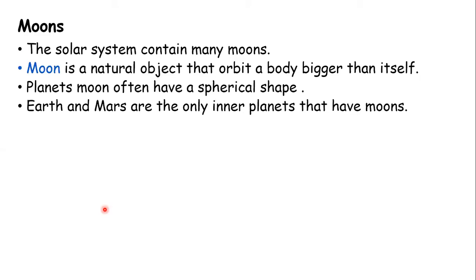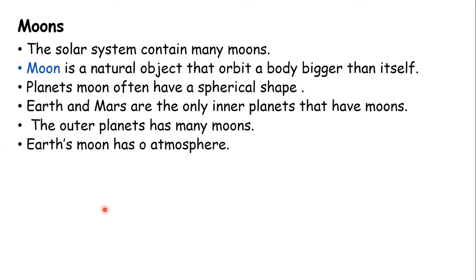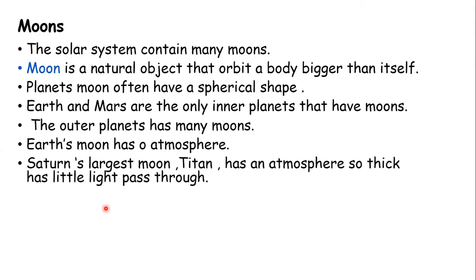Earth and Mars are the only inner planets that have moons, but Mercury and Venus are without moons. The outer planets have many moons. Earth's moon has no atmosphere. Saturn's largest moon, Titan, has an atmosphere so thick that little light passes through.